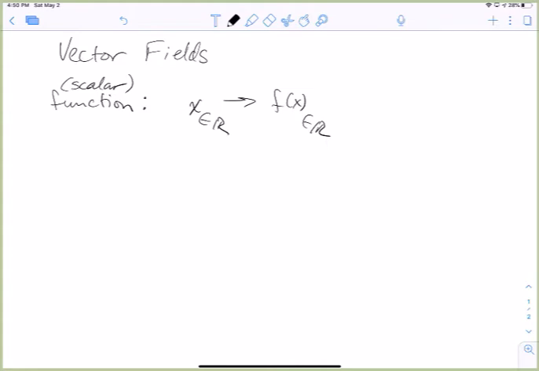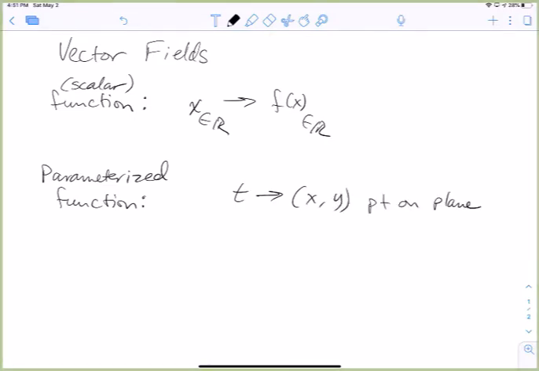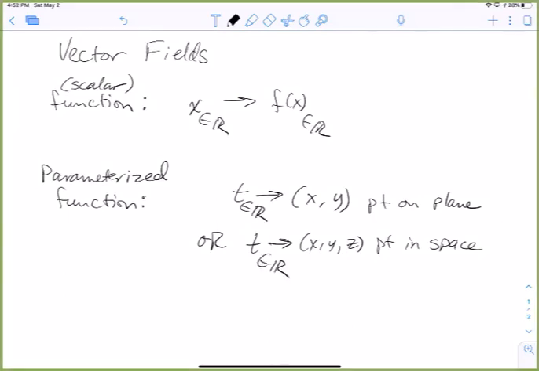We've also seen parameterized functions, which map a value t in the real numbers into a point x, y, which would be a point on a plane, or t could map to a point x, y, z, a point in space. Once again, in both of these cases, t would be an element of the real numbers.